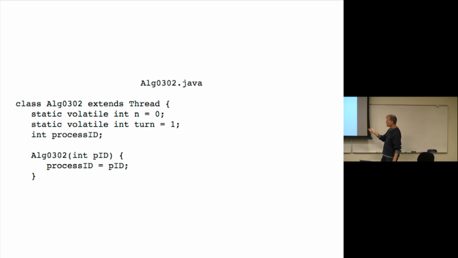Now, not only do we have this, but what else does class algorithm 0302 have? It has a process ID. And what is its type? Integer. This is how we're going to solve the problem of having two different processes do two different things.